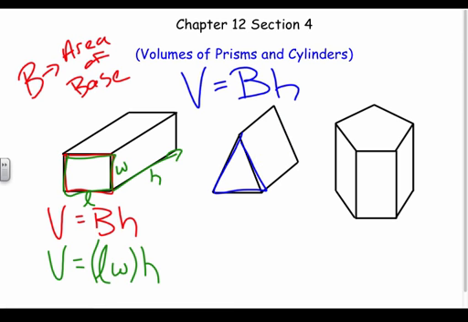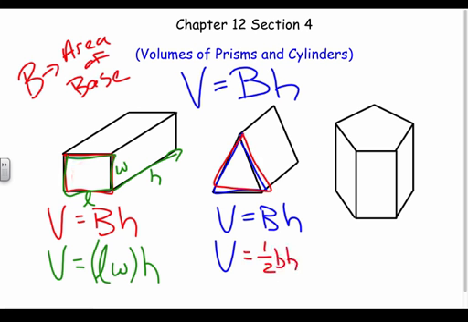So that would mean if I would find the volume of this guy, area of the base times the height, the base is now a triangle. And how do I find the area of a triangle? Well, 1/2 base times height. So I'd have to take 1/2 base times height of the triangle and then times the height of the prism. That's the only difference. So it'd have to be 1/2 base times the height of the triangle and then times the height of the prism.